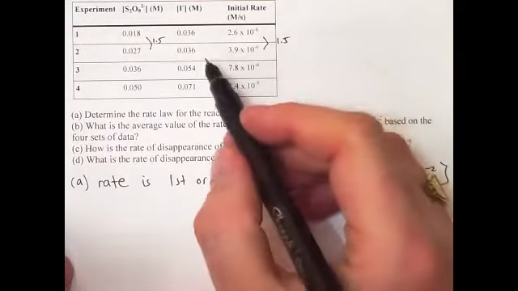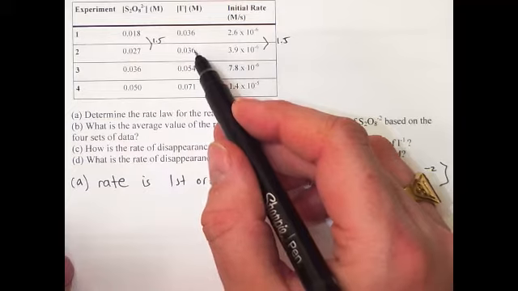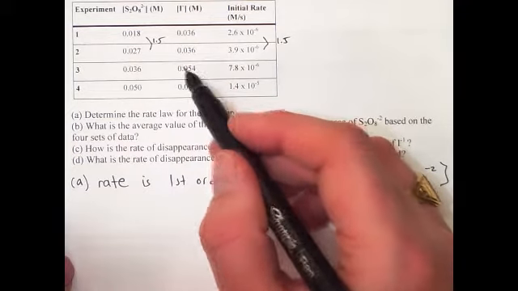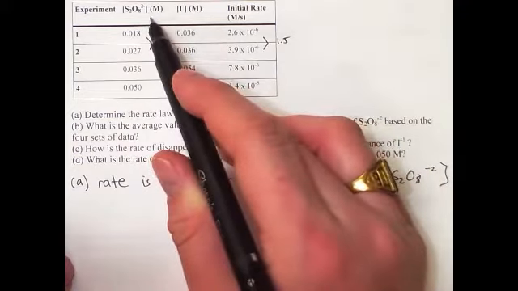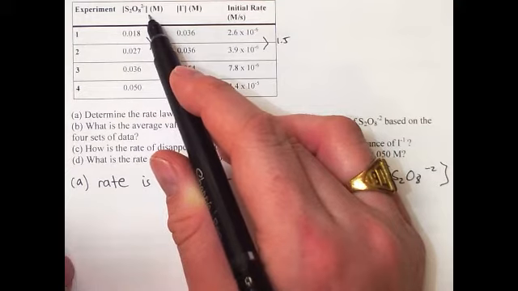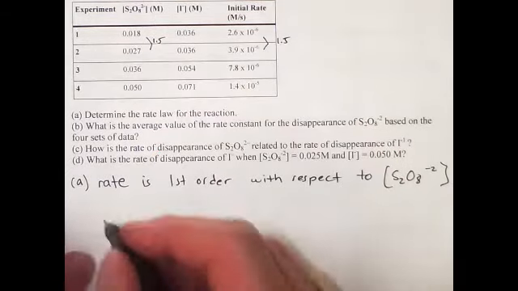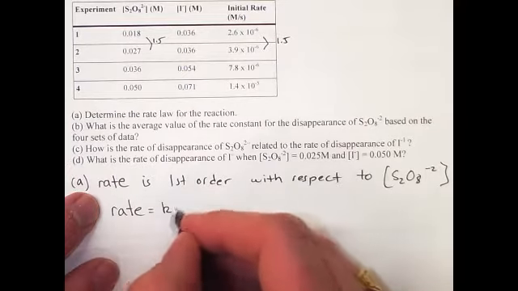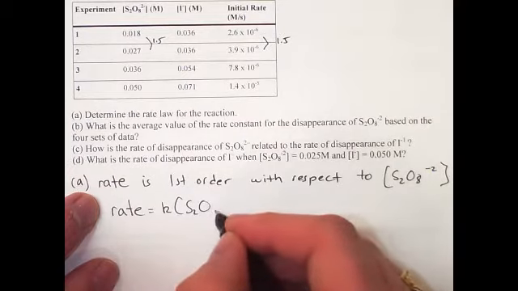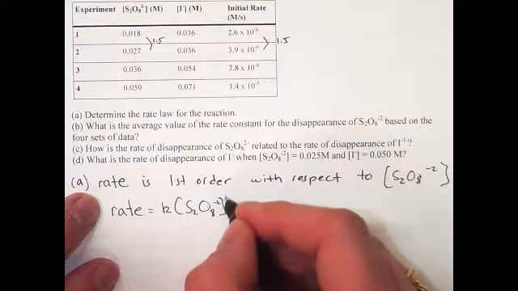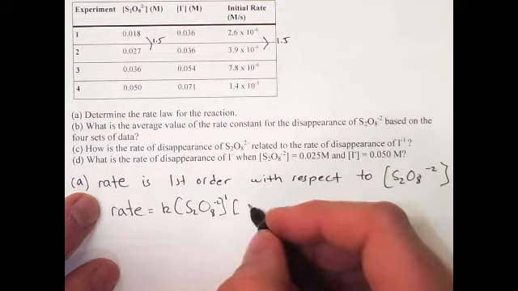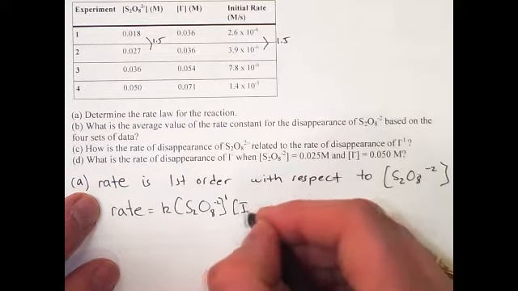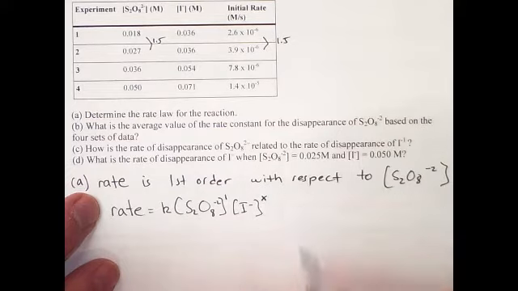We do, however, have the data. We know that the rate law has power 1 for S2O8. So as far as we know right now, the rate is equal to k times S2O8 2- to the first power, and then iodide to the x. We don't know what x is.